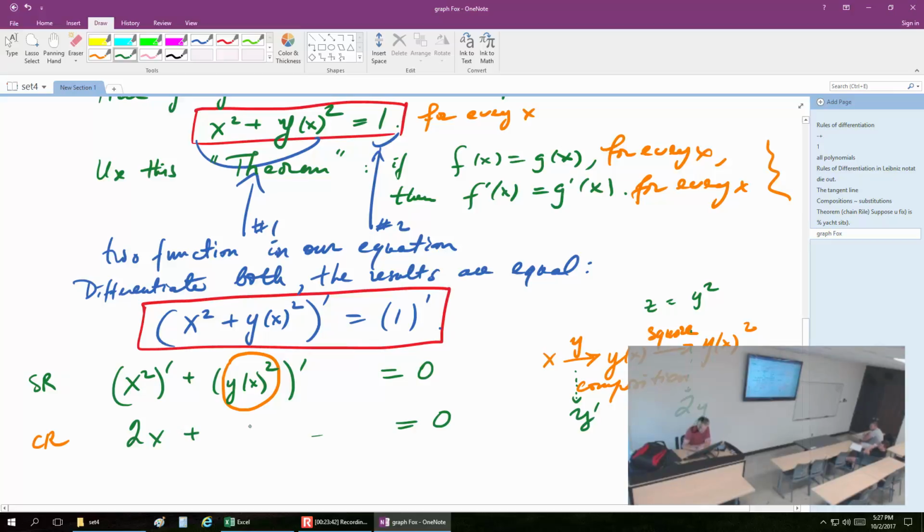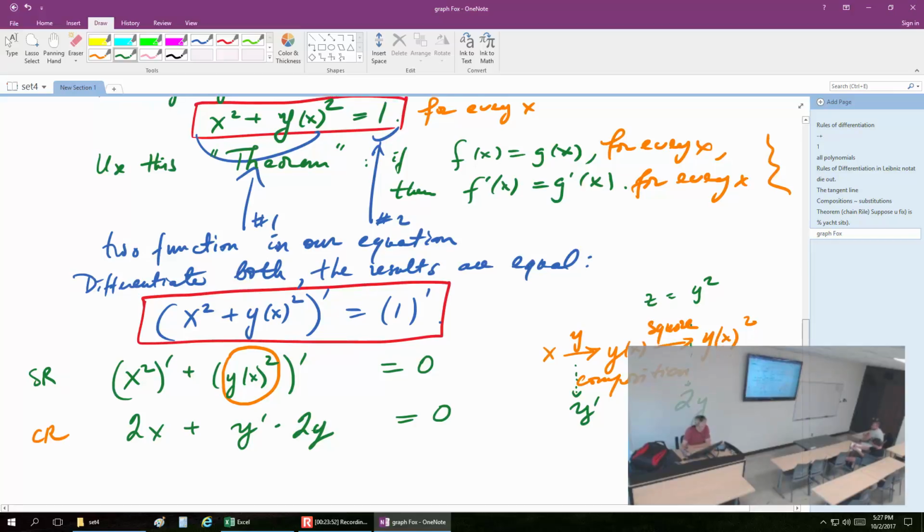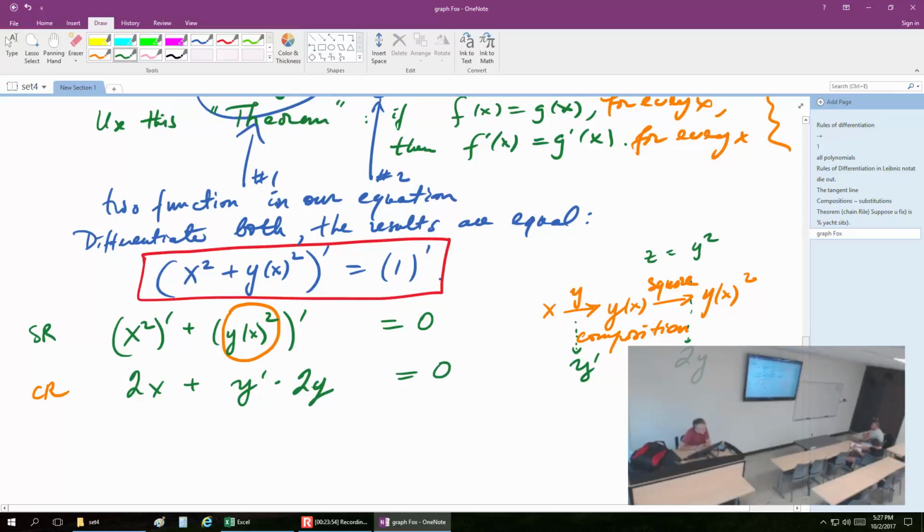No, just multiply y prime times 2y. That's all. As far as differentiation is concerned, we're done. By the way, I omitted the x; if I write it fully, it is y prime of x times 2y of x equal to 0.